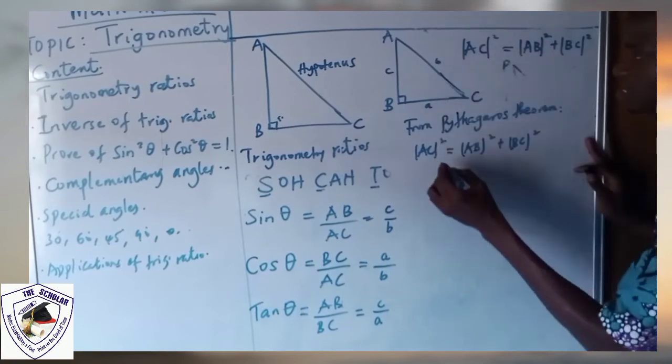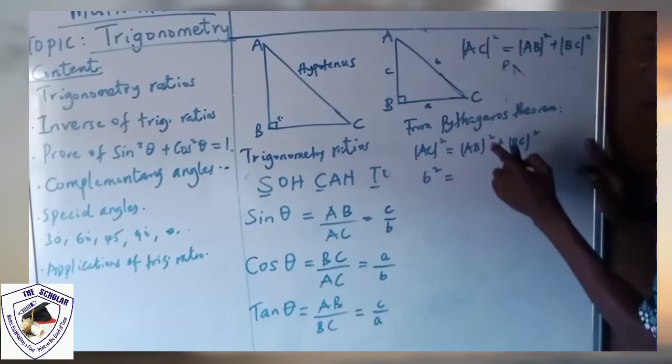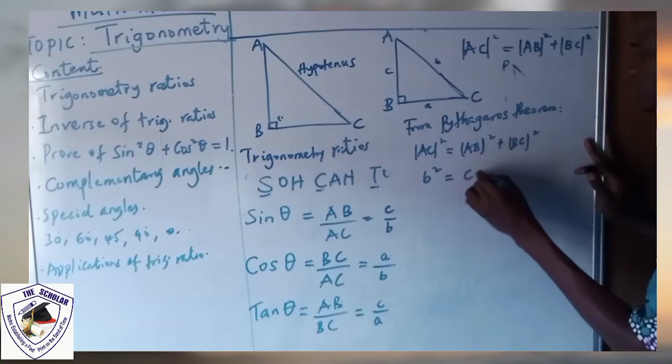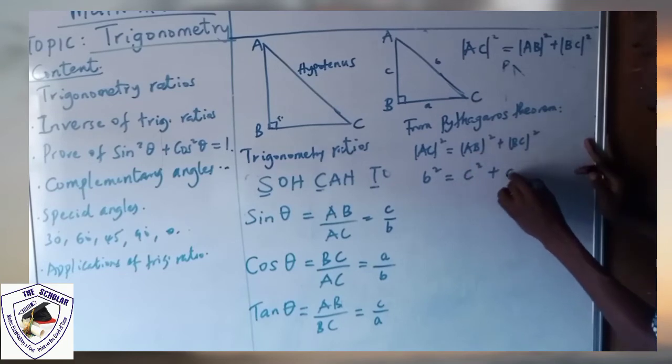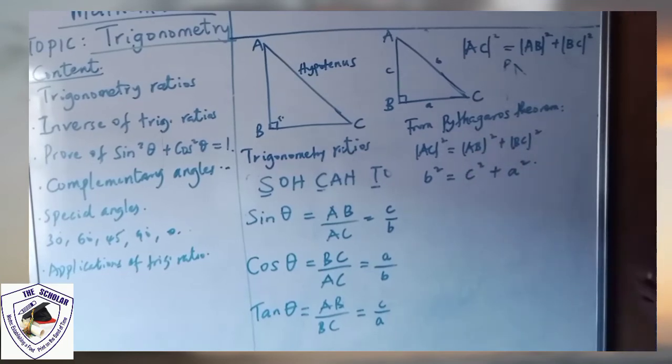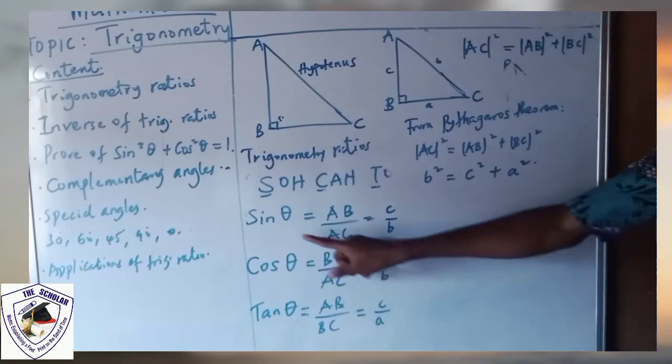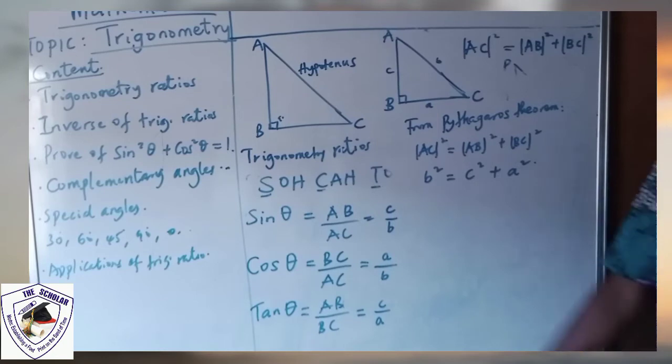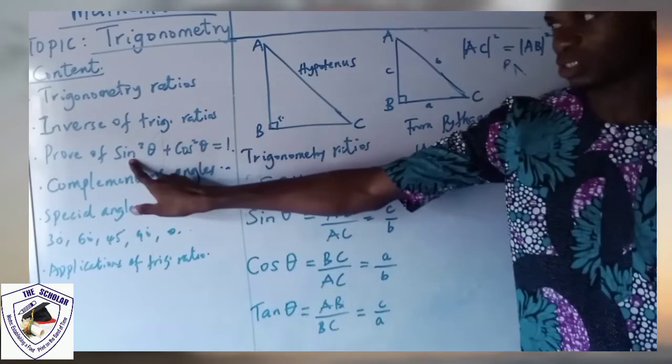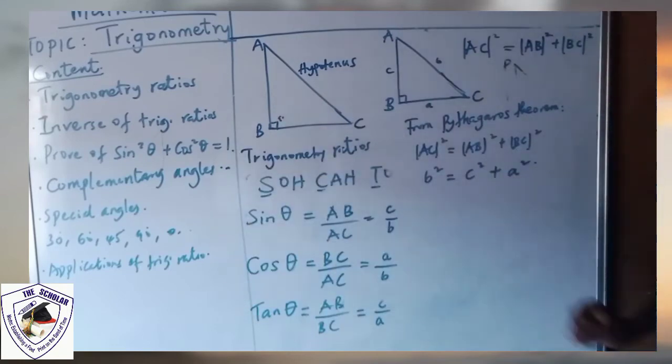Now my AC is B squared, my AB is C squared, and my BC is A squared. I hope you are following. Mind you, I have my sin theta is what? C over B, and my cos theta is what? A over B. We are to prove that sin squared theta plus cos squared theta is equal to 1.